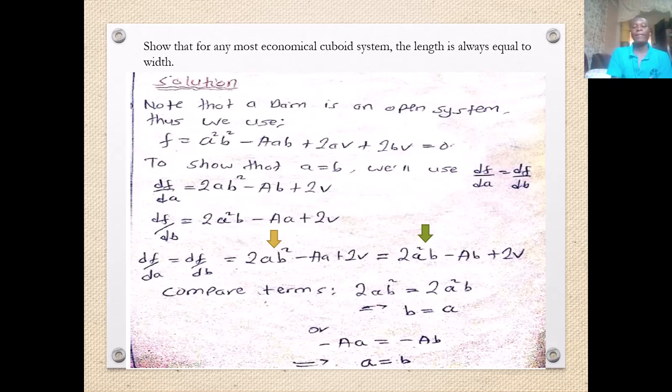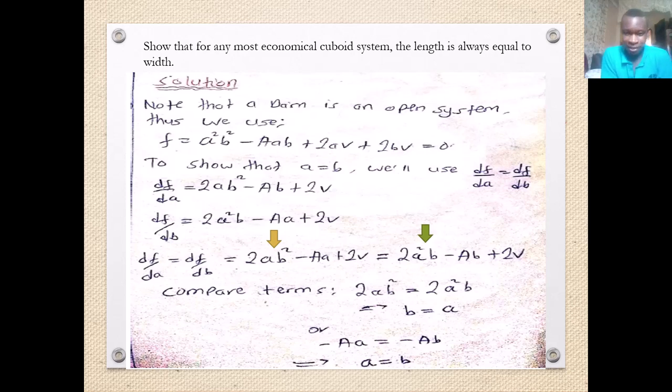Then we are going to compare these terms, because as you can see they are equal, so we compare the terms as they appear on the right hand side and the left hand side. Beginning with the first term, 2ab squared equals 2a squared b. If you simplify that, you remain with b equals a.